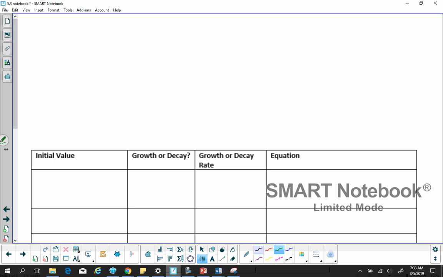And the parent function that we went over is y equals a, b to the x. So we did that this morning. Y equals a, b to the x. And that's what it says in your formula sheet. It does not give you what A and B mean. It just gives you that is the exponential equation.